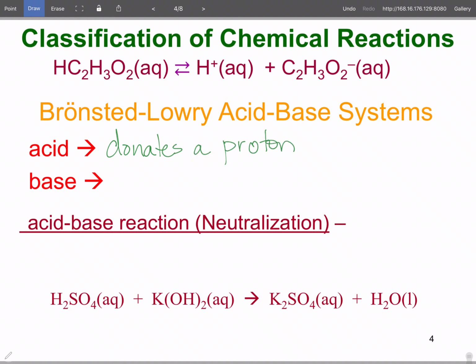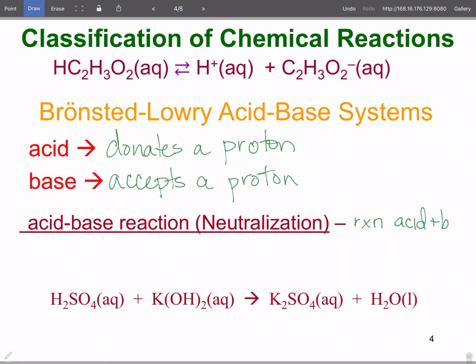The opposite is the base, which accepts a proton. So when you're talking about acids and bases, you're either giving one up, acid, or you're accepting one, which is a proton.